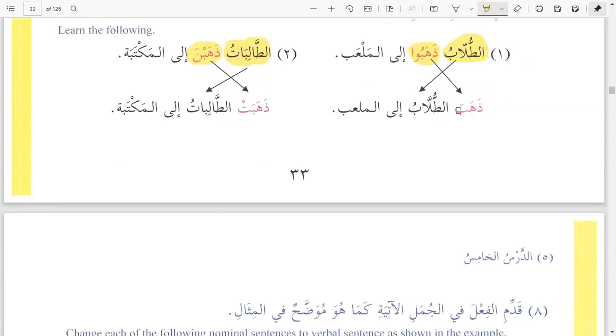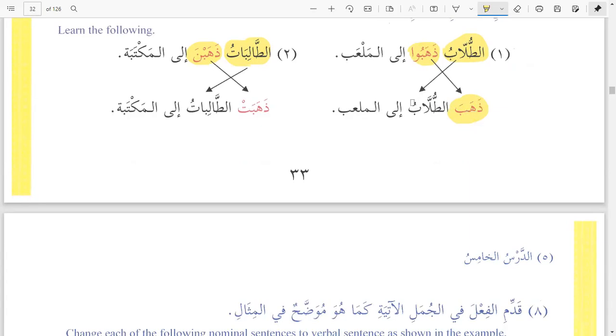While the verbal sentence, jumlatul fi'liya, starts with the first form of the verb. Zahaba. Zahabat tulabu.